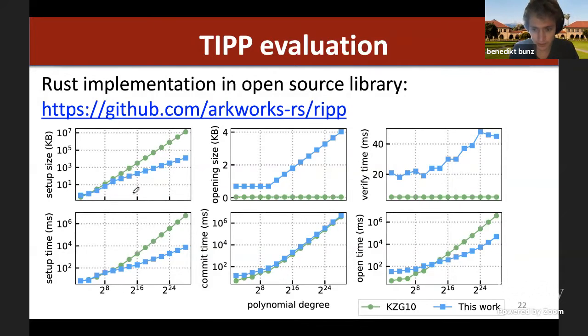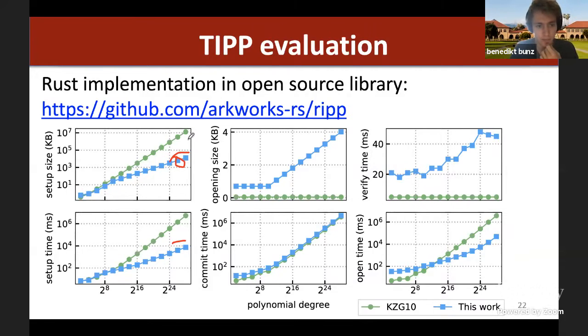We compared it to the KZG polynomial commitment. And you can see that especially on the CRS size and the setup time, this is really where our protocol starts to shine. I think, what did I say earlier? It's for this point here, degree 2 to the 26, or well, this is the last point actually.